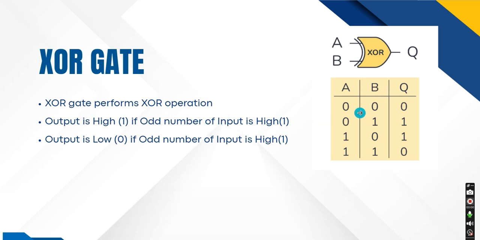So there is a trick to the XOR gate in case this is difficult for you to memorize. You can take a binary addition for the XOR gate. So for example, we can say 0 plus 0 will give us 0. The binary case. We can say 0 plus 1 will give us 1. We can say 1 plus 0 will give us 1. And we can say 1 plus 1.